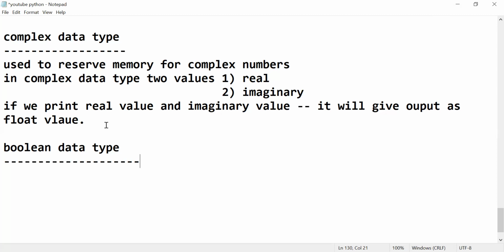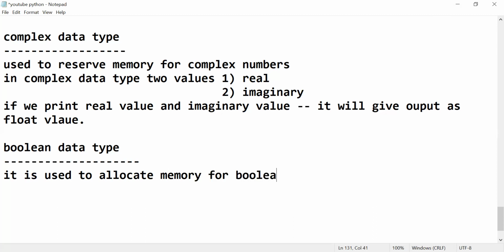It is used to allocate memory for Boolean values.